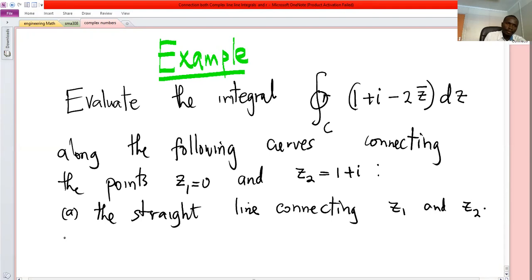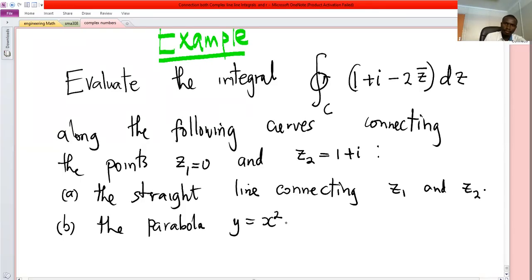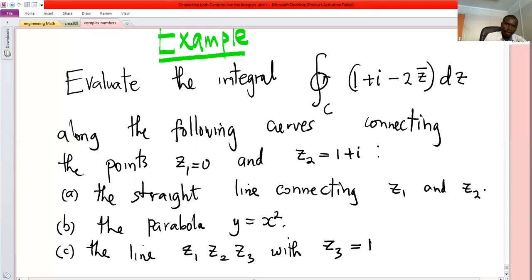And then B, the parabola y equals x squared. And then number C, the broken line z1, z2, z3, with z3 equals 1.